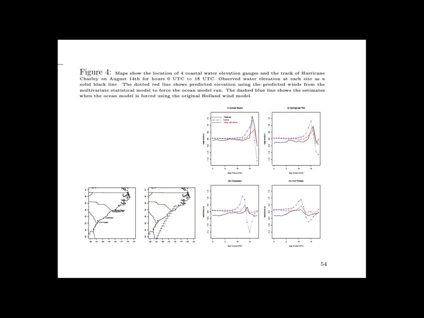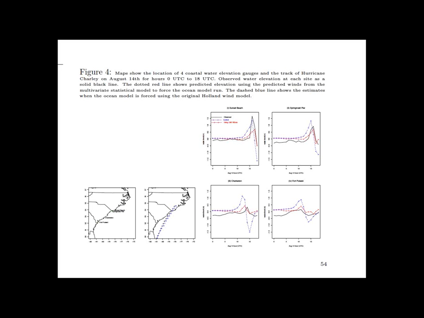So this is just the last graph. This is Hurricane Charley. I also have an animation here, but I might skip that. These are the locations where we have the water elevation. We use these forcing fields for the wind fields, and we compare the water elevation at the stations where we have it, and that is the black value. That is the water elevation at those locations after removing the tidal signal.